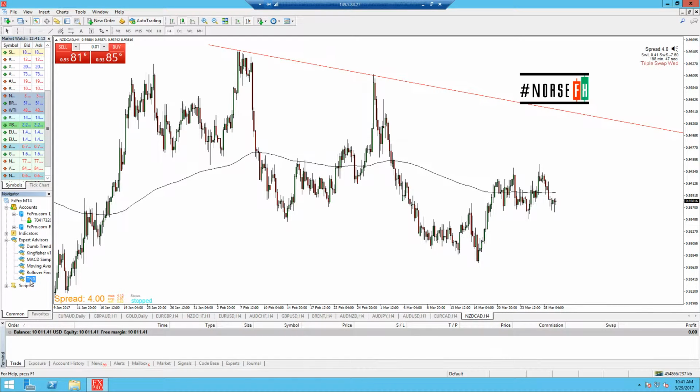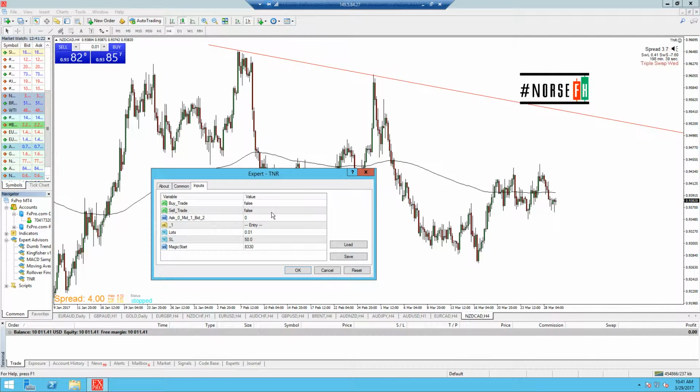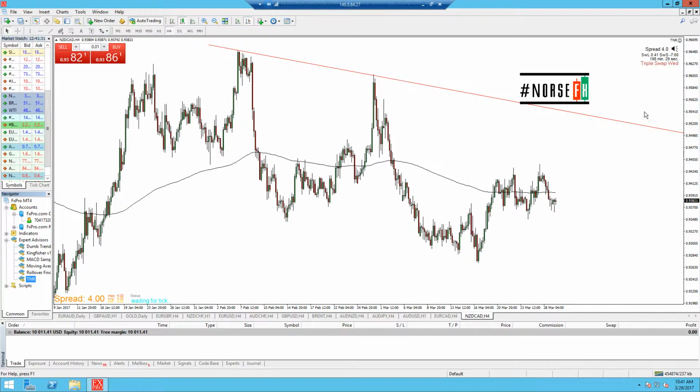So what I did is that I first placed the trend line. I'm content with the placement of this trend line. Placed the EA onto my chart, set sell to true, adjusted the size. I kept the stop loss at 50 pips. So I'm now just waiting.